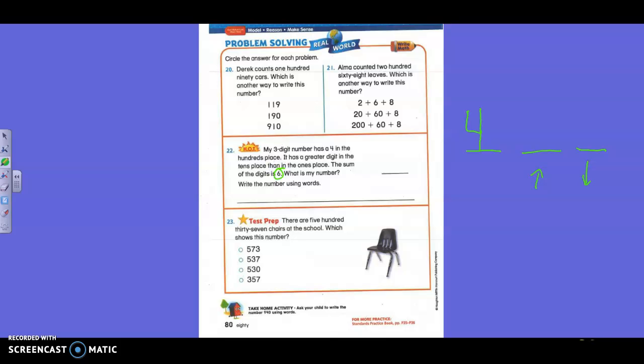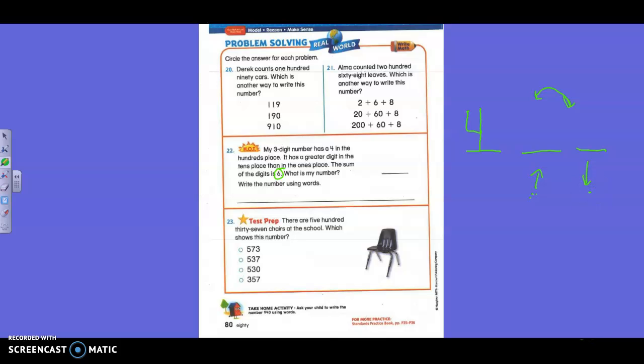What? So, 4 plus what can be 6? 2. 4 plus 2 is 6. So, boys and girls, these can only equal 2. Okay? So, if these can only equal 2, these 2 numbers can only equal 2. But it says that this number is bigger than this one.